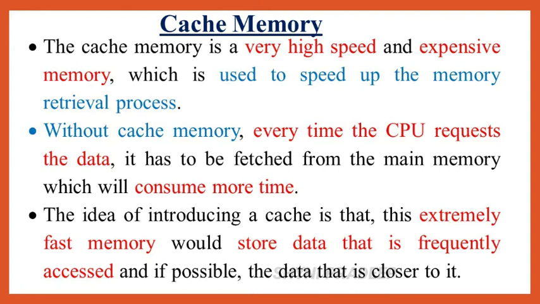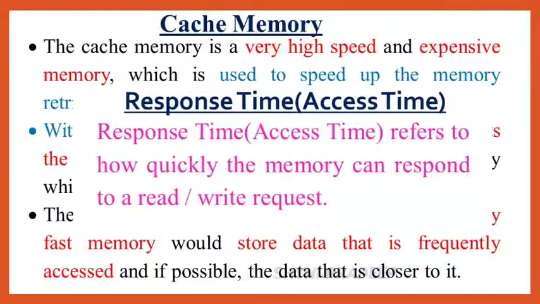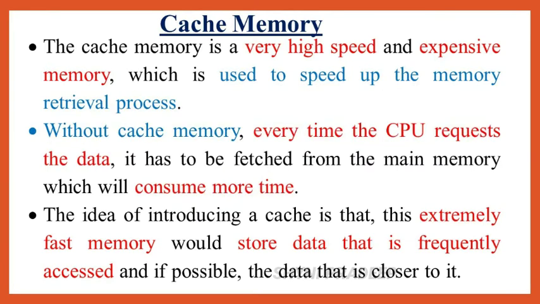This is extremely fast memory. It stores data that is frequently accessed. This helps to achieve fast response time. What do you mean by response time? Response time is nothing but access time, which means it refers to how quickly the memory can respond to read and write requests. So this cache memory helps to achieve fast response time.